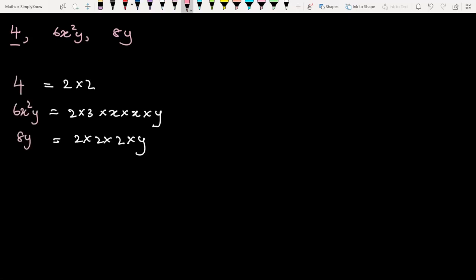Now write as a product of powers. Here 2 to the power 2. Then here 2 to the power 1 times 3 to the power 1 times x to the power 2 times y to the power 1. Then 8y, 2 to the power 3 times y to the power 1.